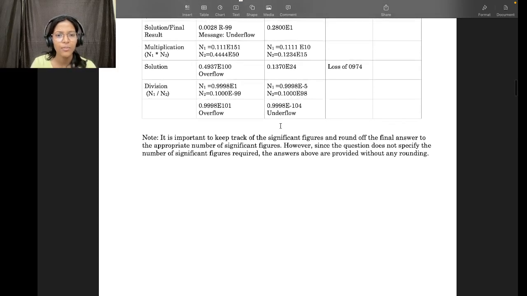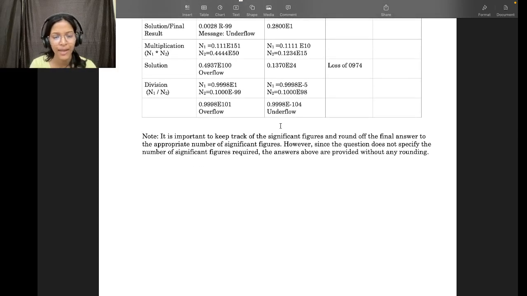Now at the division part, when we divide n1 by n2, we find that the exponential part of n1 is 1, and of the second number n2 is minus 99. In the second data, the exponential part of n1 is minus 5 and of the second number is 98.